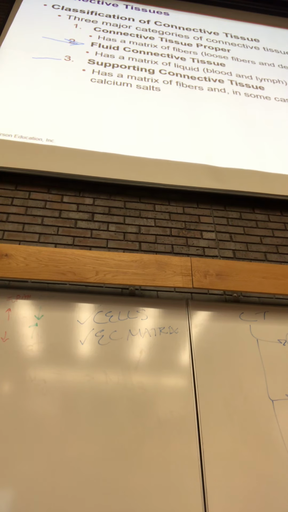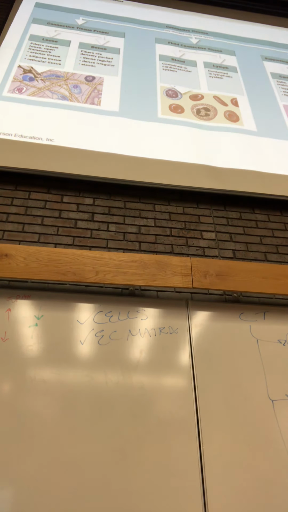Supporting connective tissue is an interesting category, and we'll talk more about it when we get to it, especially bone. Bone's extracellular matrix hardens. The bone cells make this mineral extracellular matrix that becomes very hard. So all of these are really different, but they have those few things in common. Here's what it looks like.